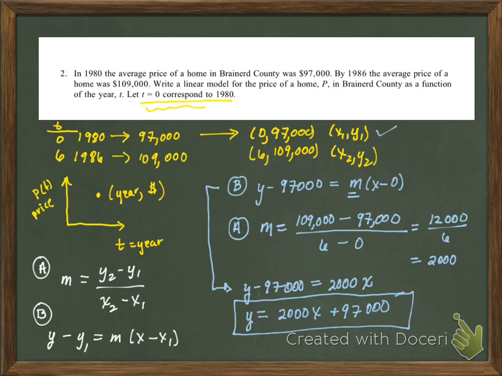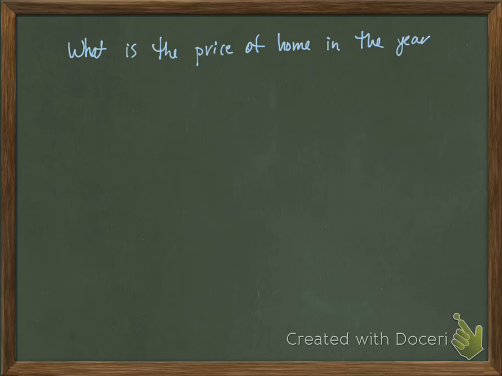Alright, if I ask one more question, let's come over here on the next page. What is the price of a home? I should say, according to this model, what is the price of a home in the year, let's say today, 2018?